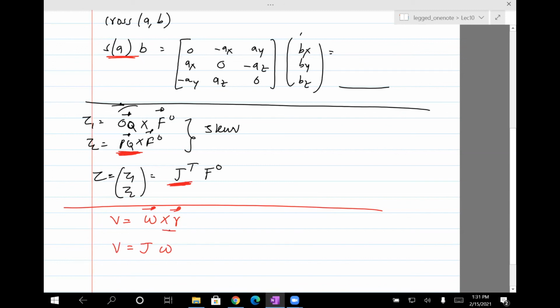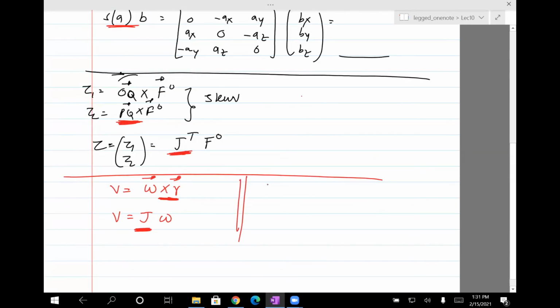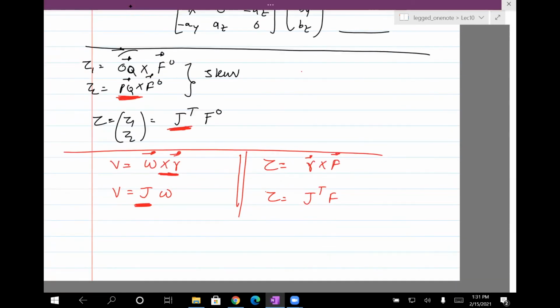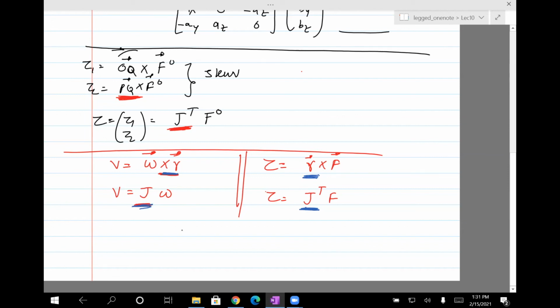So there's something about taking this cross product and putting it into J. Torque is the dual, I guess: torque is r cross F, but torque also equals J transpose F. So when it's r cross, it becomes J transpose, and when it's cross r, it becomes J. They are somehow related.